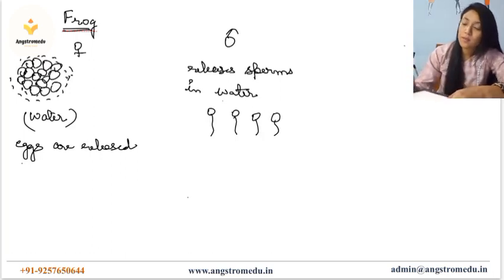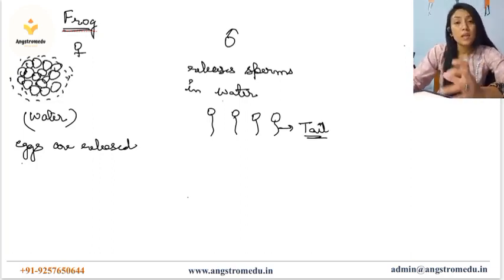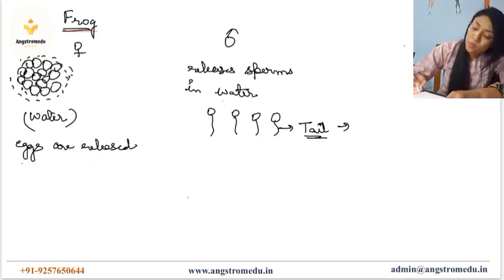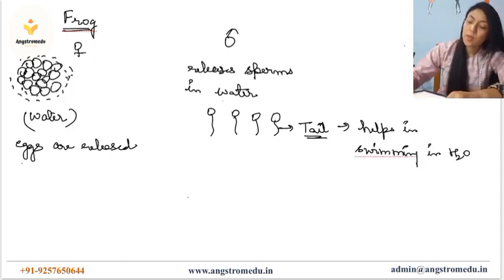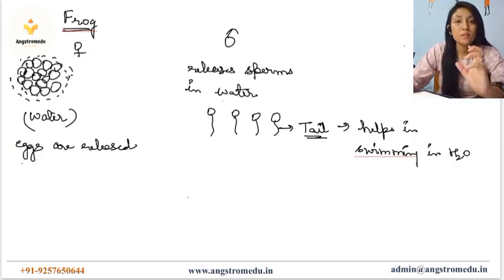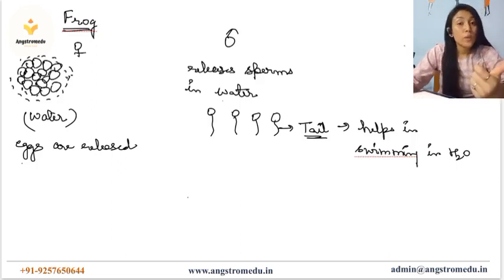Why is that capacity there? Because they have this organ called tail. This tail helps them to what? Helps in swimming in water.